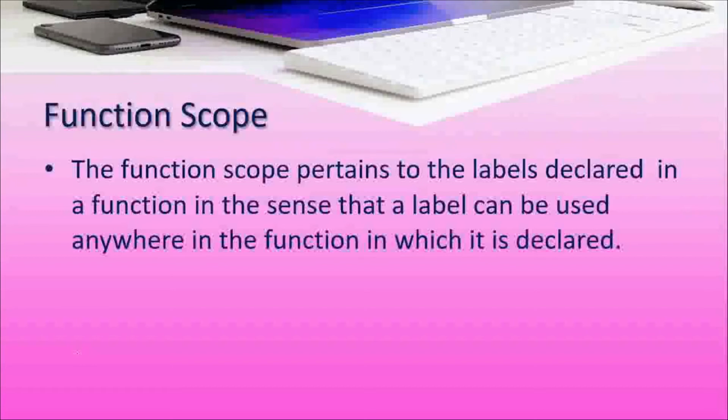Whatever variables we declare just after the function header have function scope. Like in int main, after the int main statement, we start a curly brace. All the variables declared after that curly brace have function scope within main. Within the main function, they are completely available. That is the case with function scope.